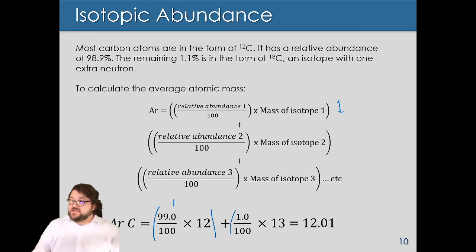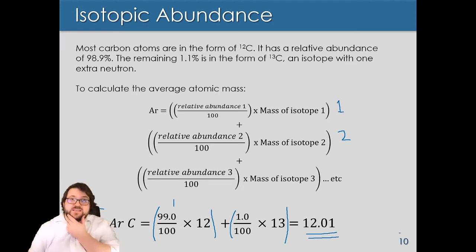And then this bit is the second isotope. And because we've only got 2, we can stop there. So we take the percentage of carbon-12 and times it by the mass of that particular isotope. So carbon-12 weighs 12. And then there's 1% carbon-13. So we add those two together and we come up with an average mass of a carbon atom that is only very slightly over 12. Which makes sense because 99% of all the atoms I said were carbon-12. So they should weigh 12, around about.